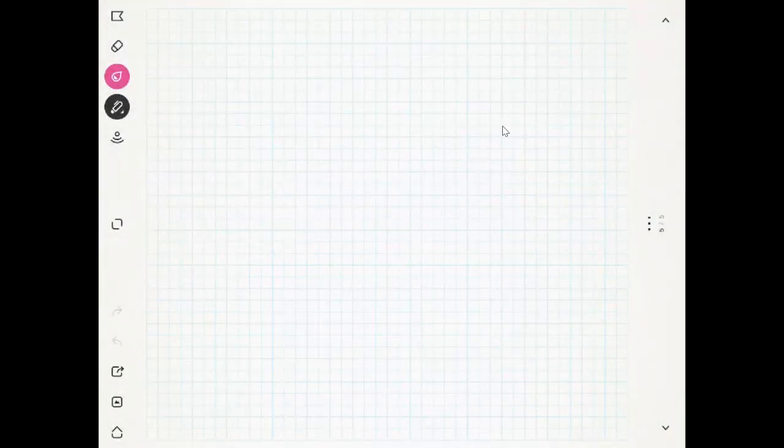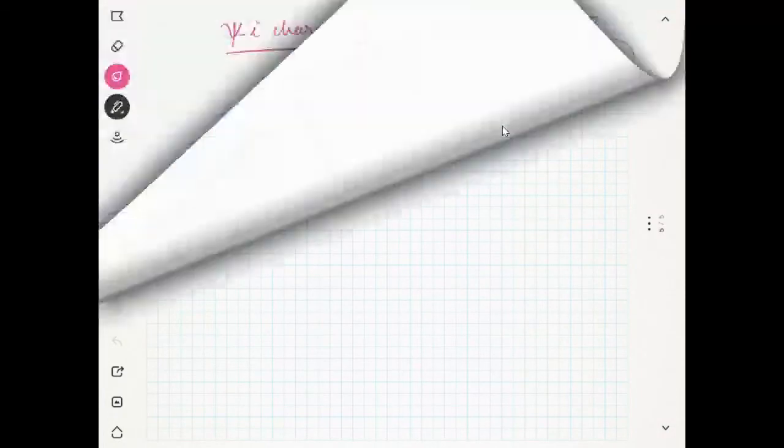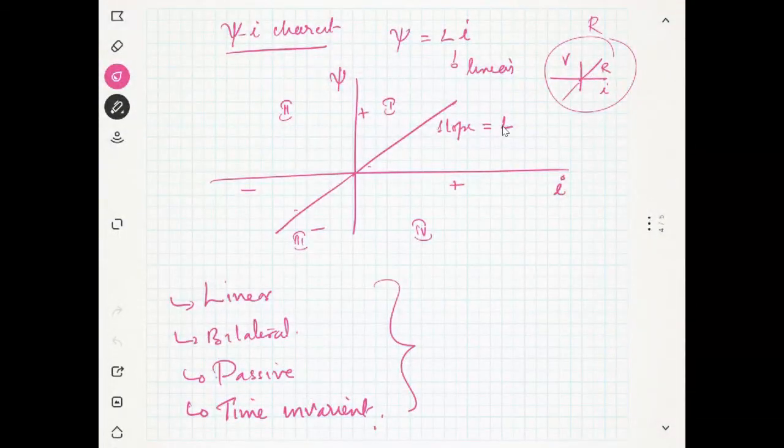What does time invariant mean? Suppose you take an inductor which has an inductance of 1 Henry. The characteristics may be like this, right?